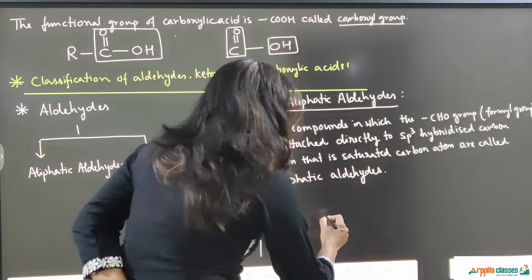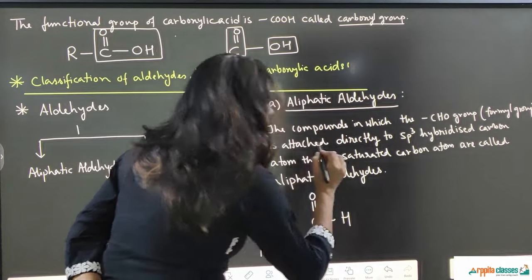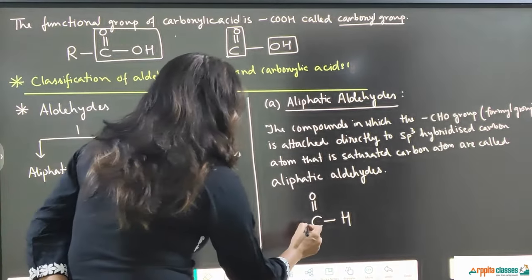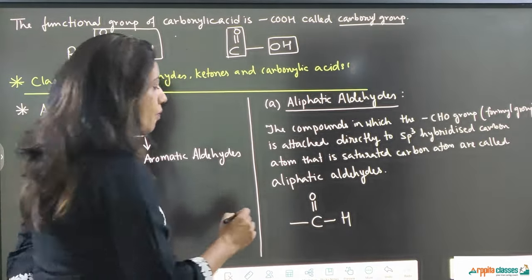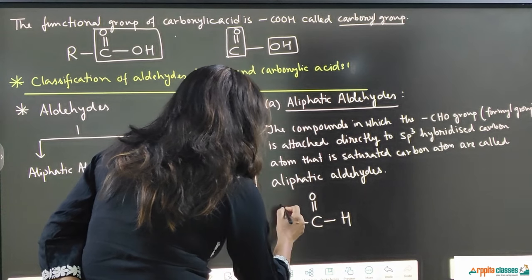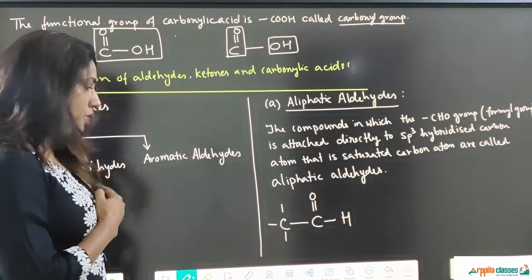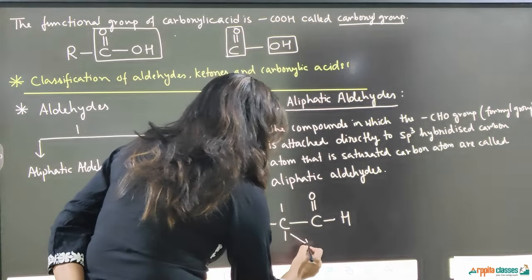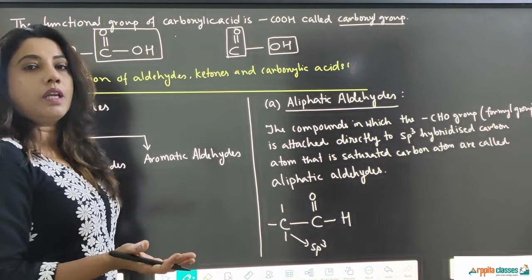That means the formyl group, first I am drawing the formyl group, this is the aldehyde group or formyl group. This is directly attached to an sp3 hybridized carbon. Now what is an sp3 hybridized carbon? An sp3 hybridized carbon is this, which has all single bonds. So this carbon is the sp3 hybridized carbon, or a saturated carbon.